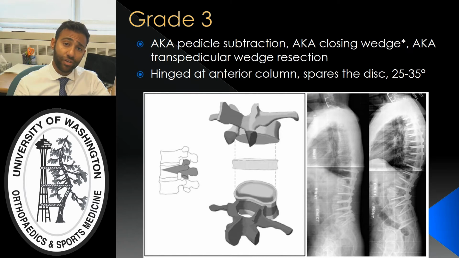A grade 3 osteotomy is a typical pedicle subtraction osteotomy, where the pedicle is resected in the shape of a wedge, and that is used to get a sharp angular correction at a single level. As a result of this, 2 nerve roots will be exiting within 1 foramen. The amount of correction you can get from a PSO is approximately 25 to 35 degrees.